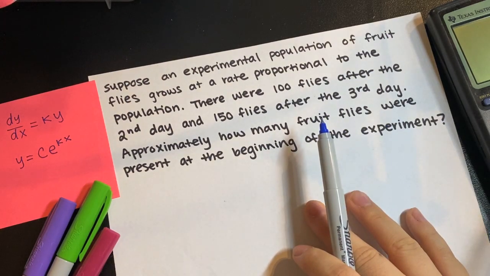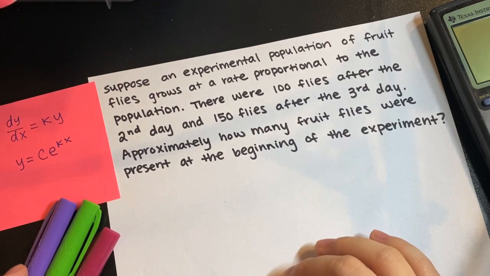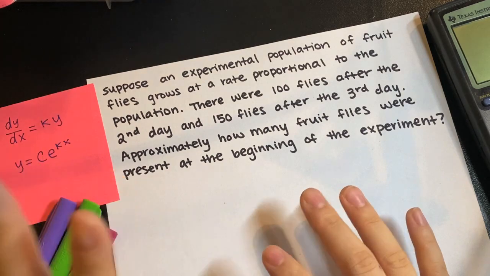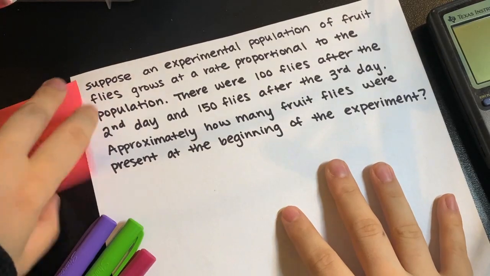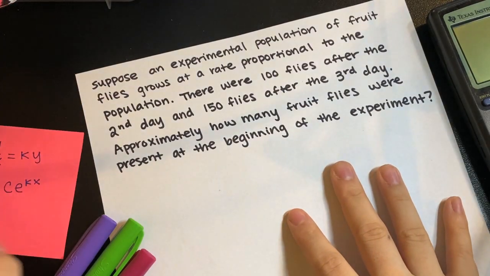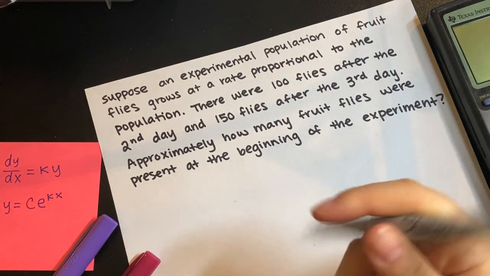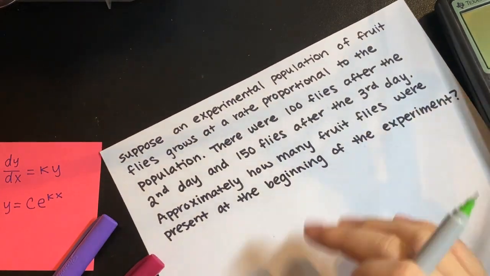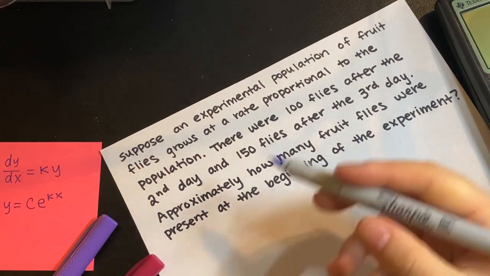Okay, so as with all word problems, it's a good idea to look at all the information that we are given, and let's pretend we didn't even know that this was an exponential growth kind of question. How would we really determine that in the first place? Well, we have the first line: suppose an experimental population of fruit flies grows at a rate proportional to the population.